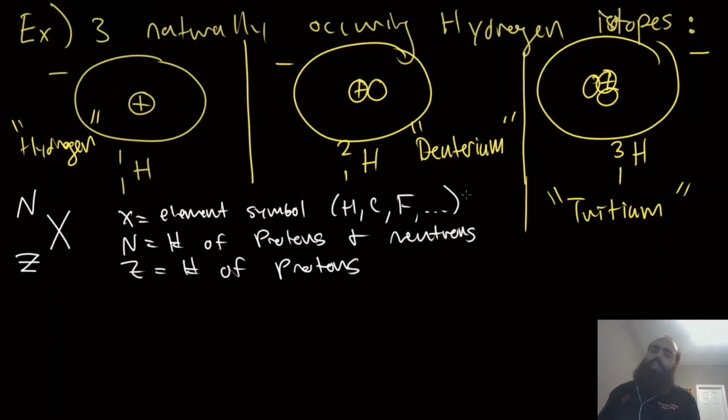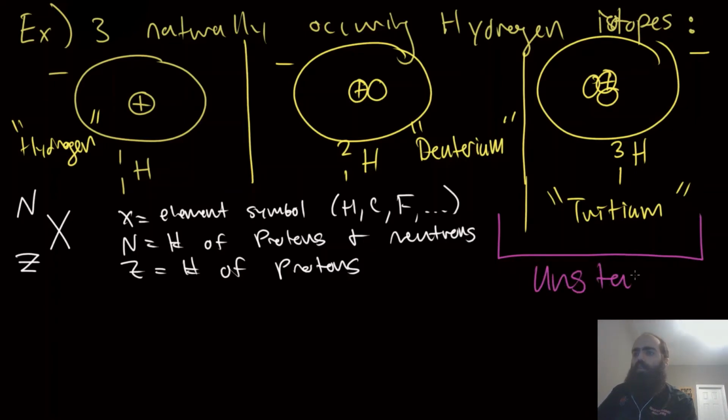And what tends to happen is that as you make the nucleus larger, the atom itself or the isotope itself becomes unstable. So if we're talking about hydrogen and deuterium, these are both stable, but tritium is an unstable element or an unstable nuclei.